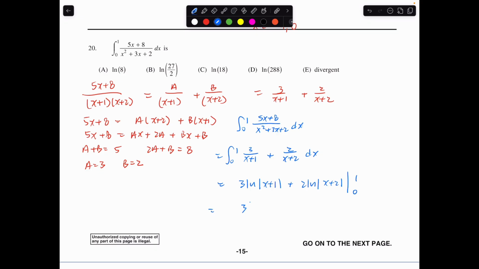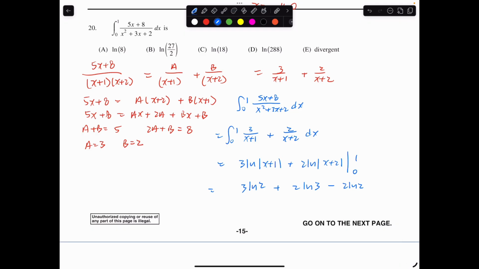So then I have 3 ln 2 plus 2 ln 3, and then minus: ln of 1 is just 0, and then 2 ln 2, so then I subtract it, so I have ln 2 plus 2 ln 3. So this is just equal to ln of 2 plus ln of 8, oh shoot, sorry, messed up here.